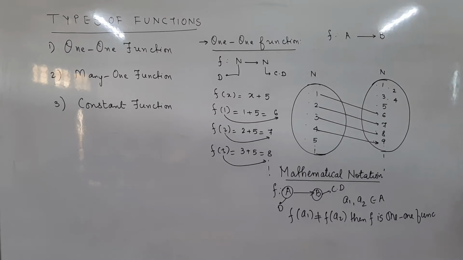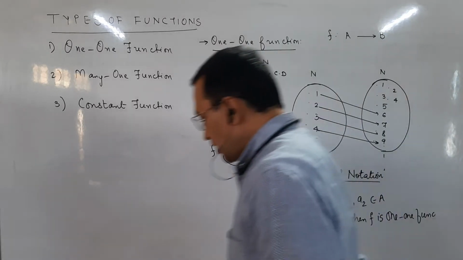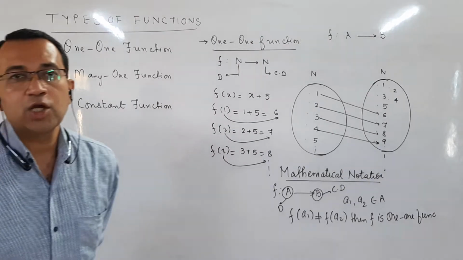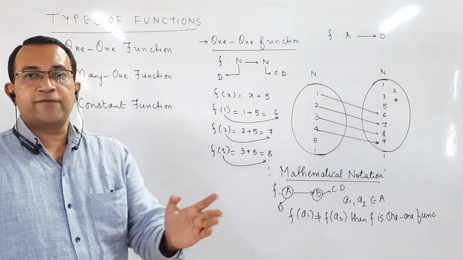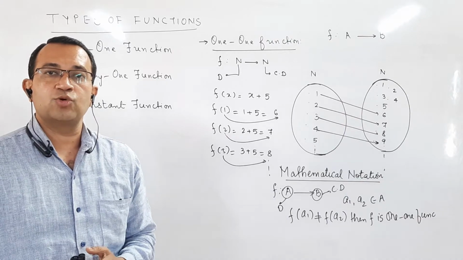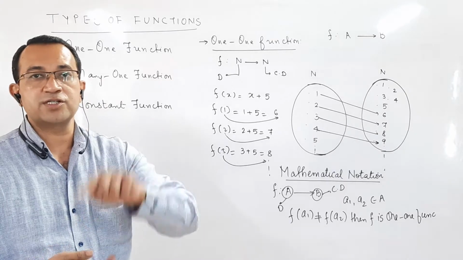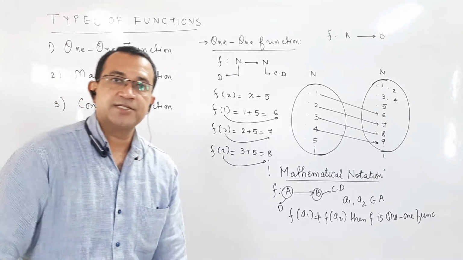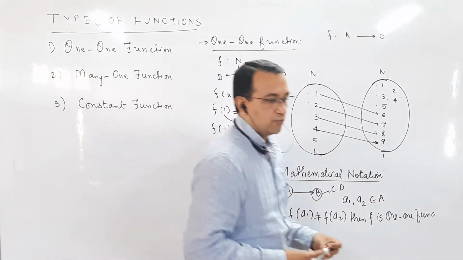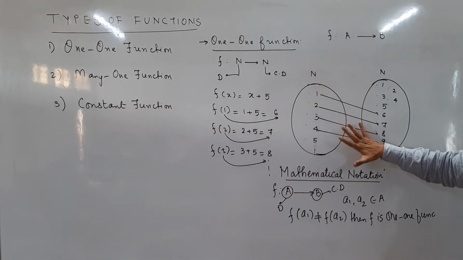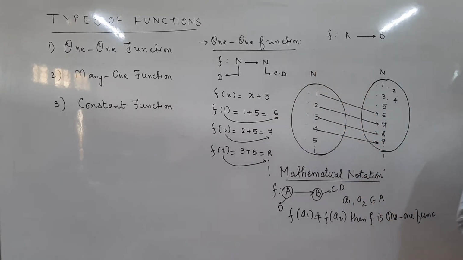So, in a nutshell, if I want to define a one-one function, now all of you please concentrate. f is a function defined from domain A to codomain B. For any two elements of the domain, if their images or functional values are different, then such a function, students, is called a one-one function. I have already stated an example. This is the arrow diagram and this is the mathematical notation or mathematical definition of a one-one function, students.